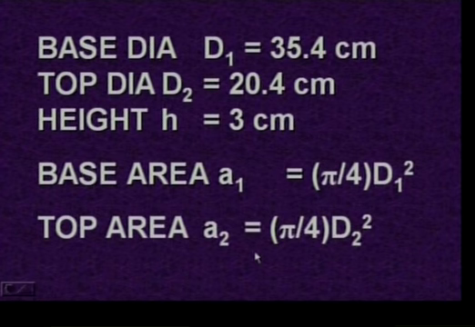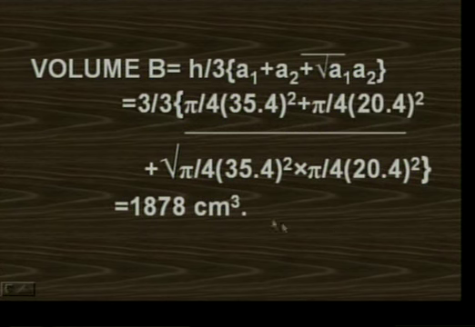The base and top both are circular in cross section, so their areas are A1 is equal to pi by 4 d1 square, A2 is equal to pi by 4 d2 square. Volume of frustum of cone can be calculated by using the formula h by 3 into A1 plus A2 plus root of A1 A2.